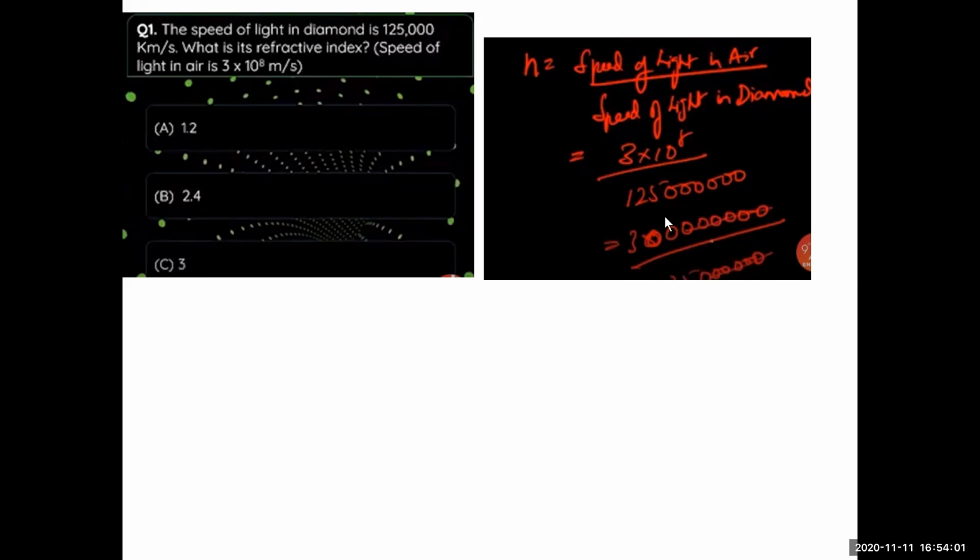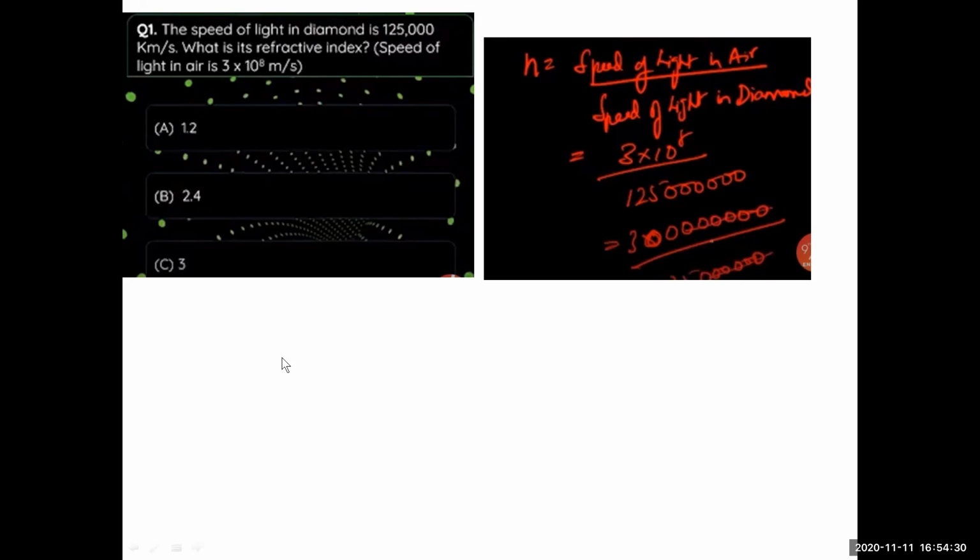Now, 6 zeros down and 6 zeros up get cancelled. 3 into 10 to the power of 8 means after 3, 8 zeros. Okay, students, 6 zeros get cancelled. 300 divided by 125 gives us 2.4. So B is the answer. The refractive index of diamond is 2.4. Isn't it, students? Have you followed?